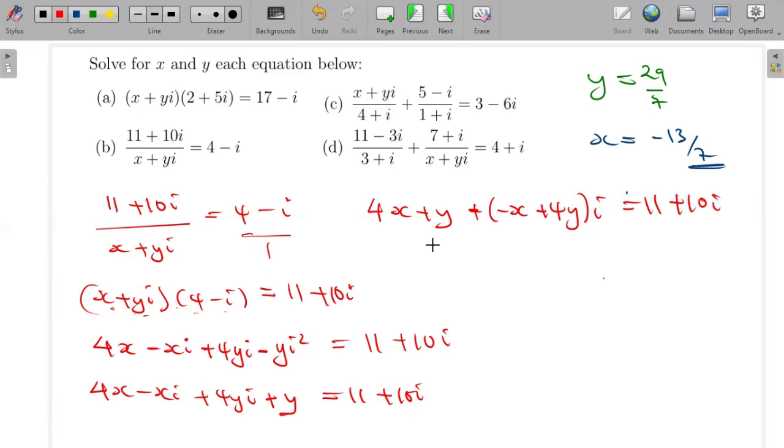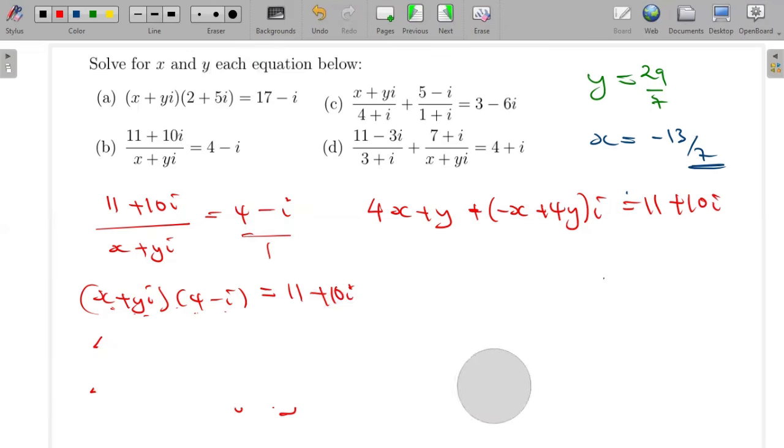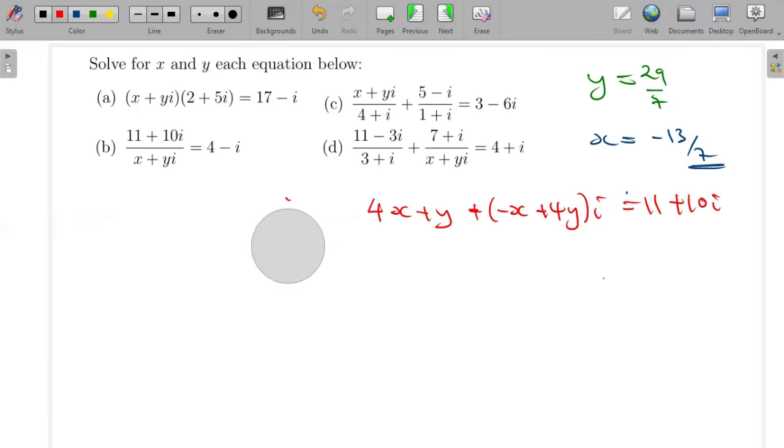So the real part you equate to the real part, the imaginary part you equate to the imaginary part. So this gives me 4x plus y equal to 11. And then the other one, negative x plus 4y, is going to be equal to 10.